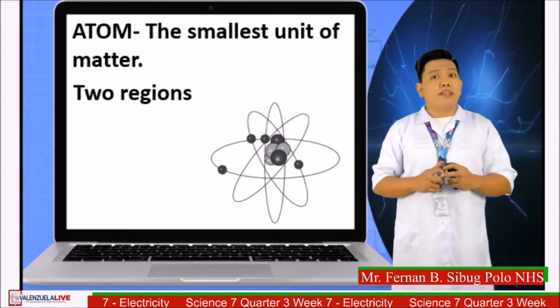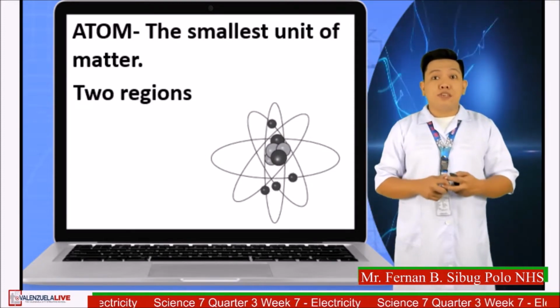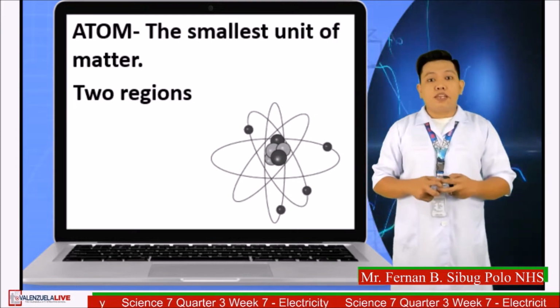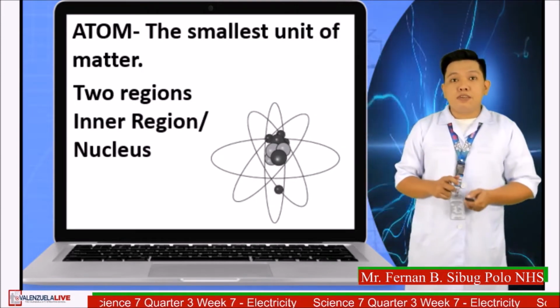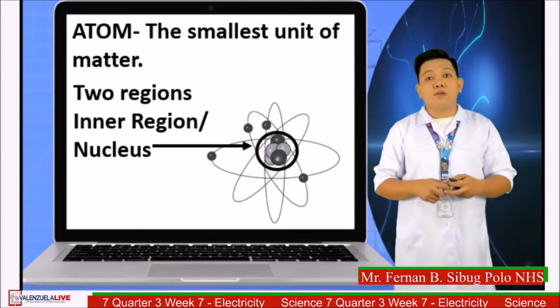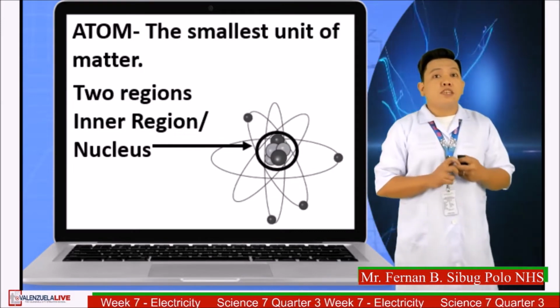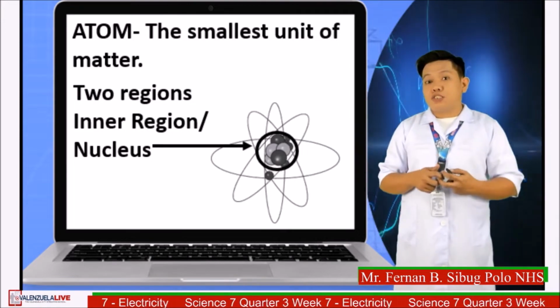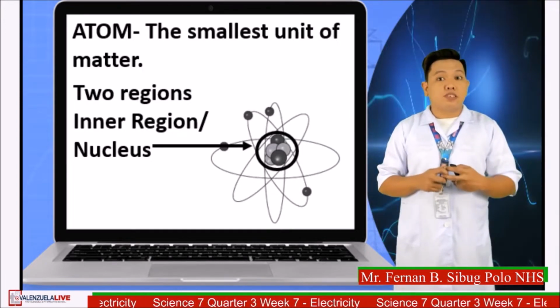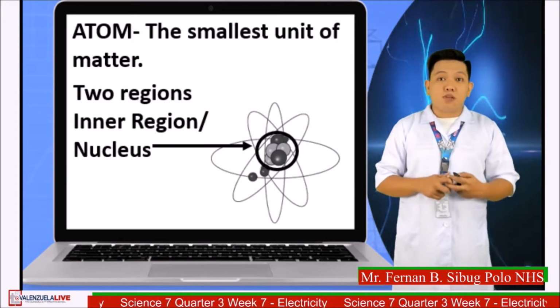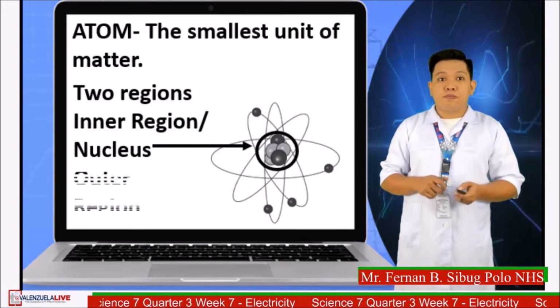Atom is also divided into two regions: the inner region or the nucleus and the outer region. The inner region or the nucleus is composed of proton and neutron. Since proton is positively charged and neutron carries a neutral charge, then the charge of the nucleus is positive.